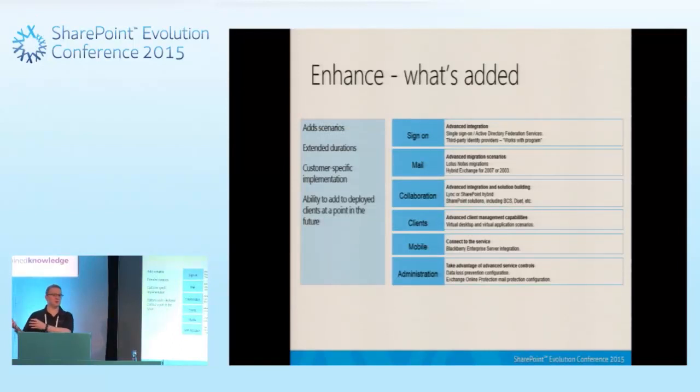Because maybe your customers, maybe yourself, is not using Yammer today, so that would be a good thing to look at. Maybe they don't use Lync or Skype for Business, as it will be called now. And then it will be a good thing to look at that as well, because then they will get more back from their investments. So that is also one thing I will challenge you all on.